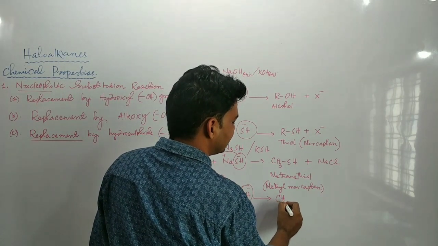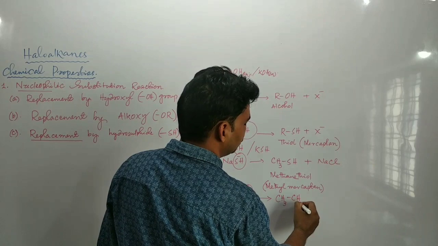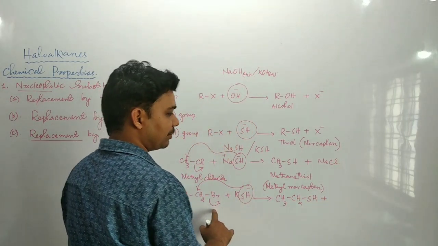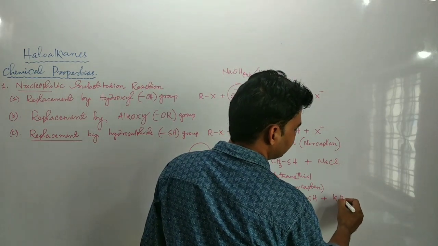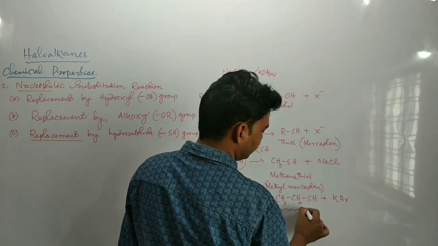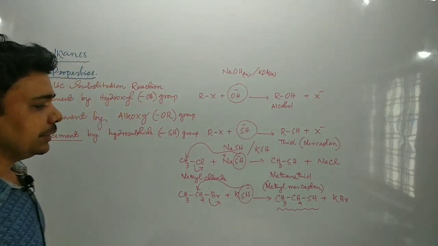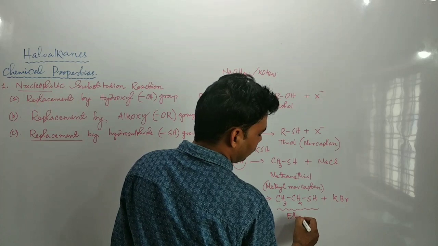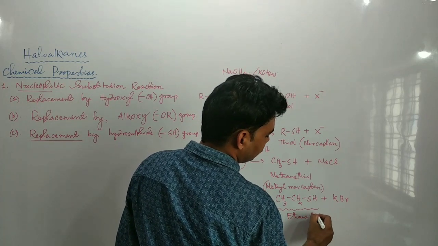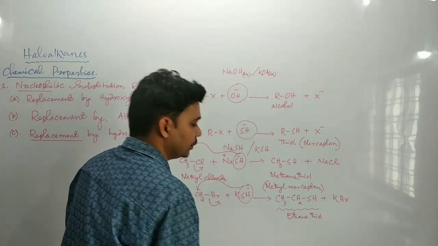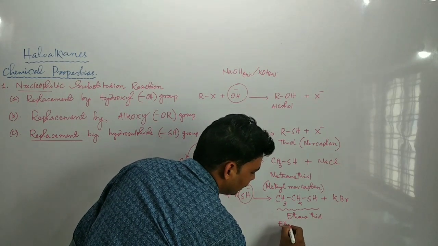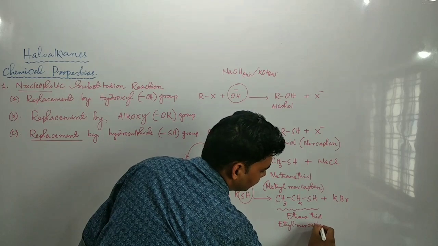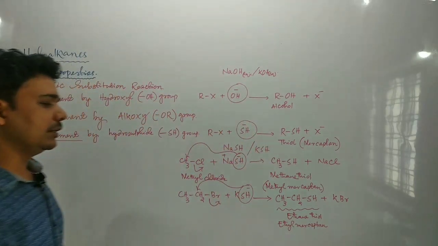Then the product is CH3CH2SH plus K plus and Br minus, which will give rise to KBr. Now tell me what product you got. Ethanethiol, two carbons are there, no? Ethanethiol, or you can say this is ethyl mercaptan.